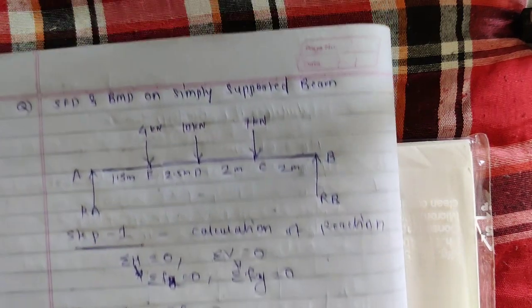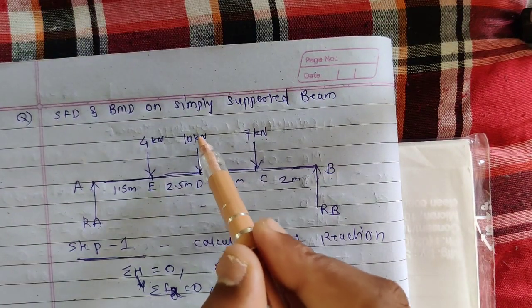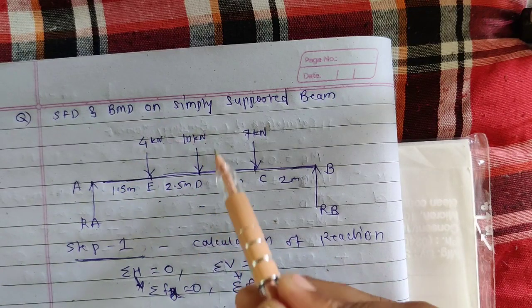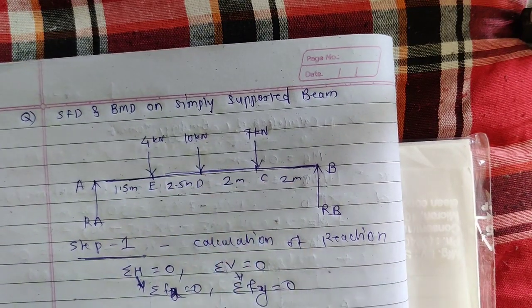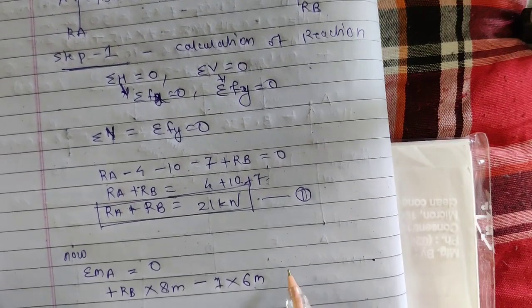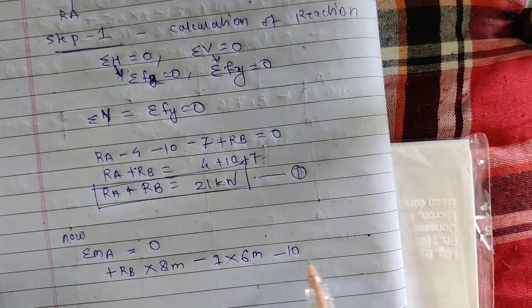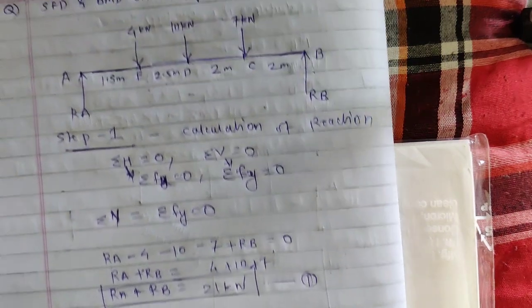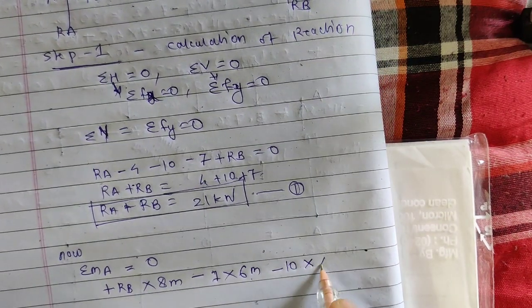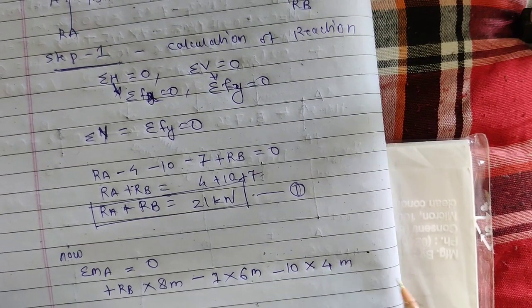Now this 10 kilonewton is also in the clockwise direction, so minus 10 into 1.5 plus 2.5, which is 4 meter.